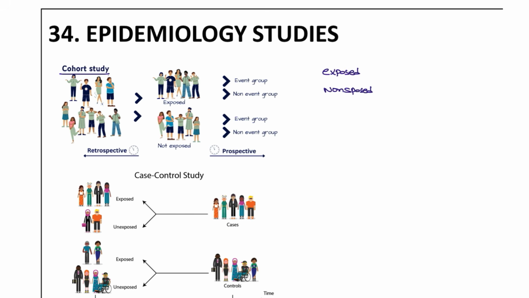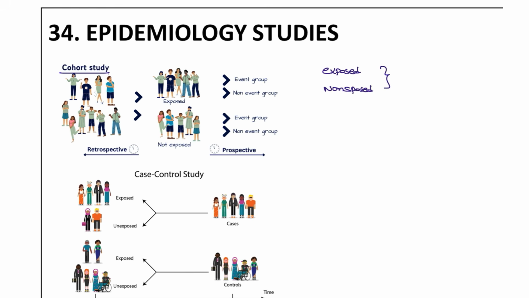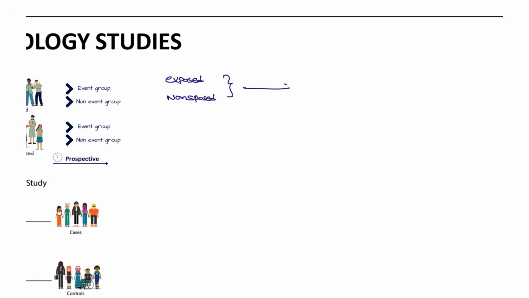Both groups have the risk factors, and you are looking to the future, to see whether they are going to develop the disease or not. So you are looking at the future. This is known as a cohort study.